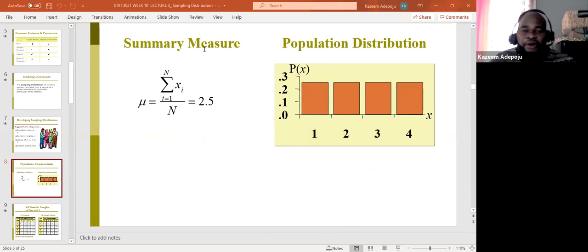So what I presented to you right now is the population mean, and we can say the distribution of the population is uniform.